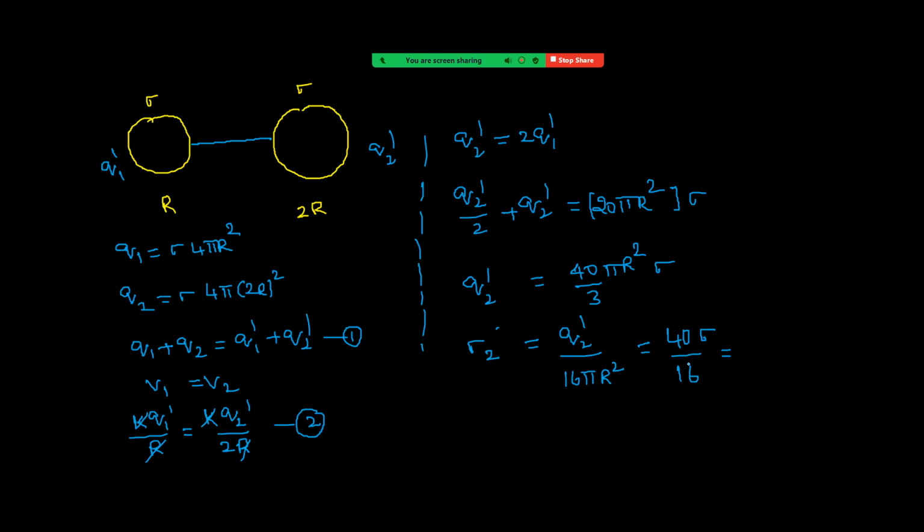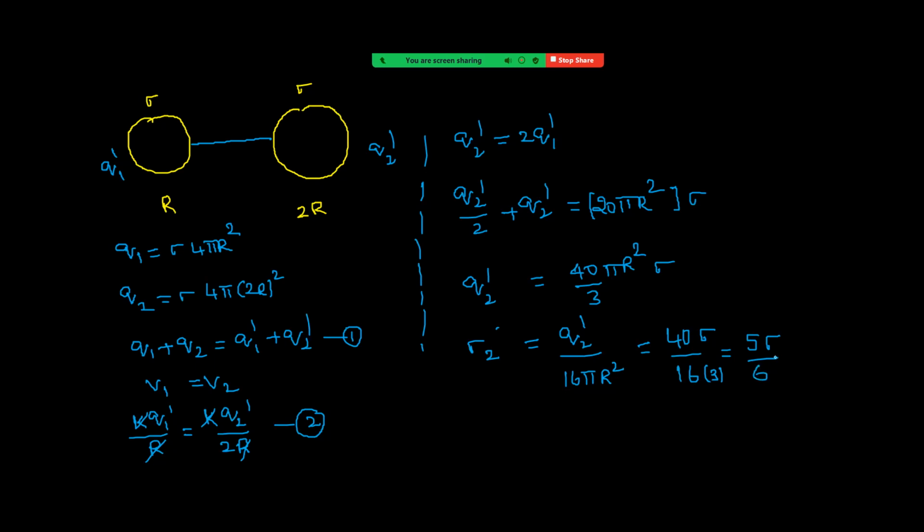Then see how much we get. 40 by 3, and 3 is there also. 8 table, 8 times 5 is 40. So 5 sigma, and 2 times 3 is 6.